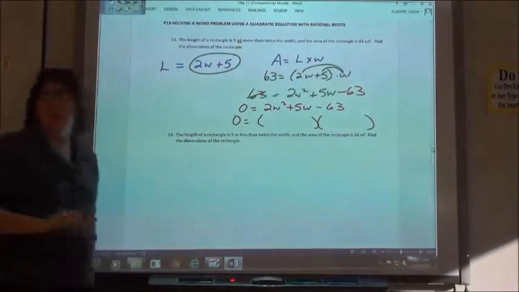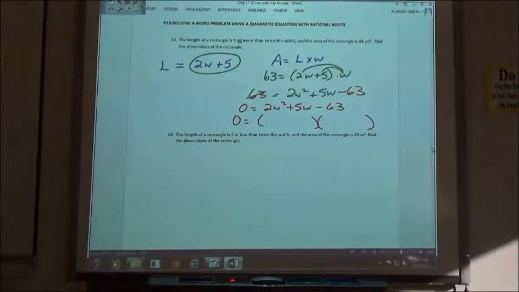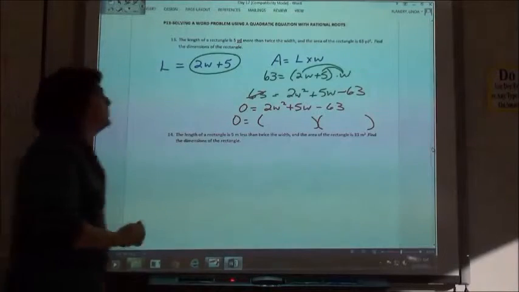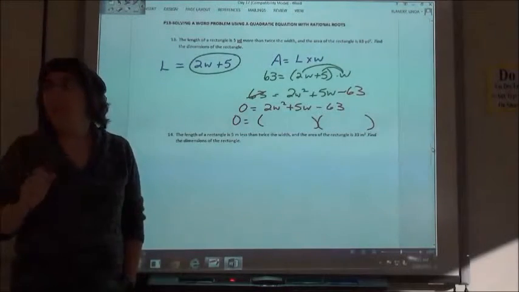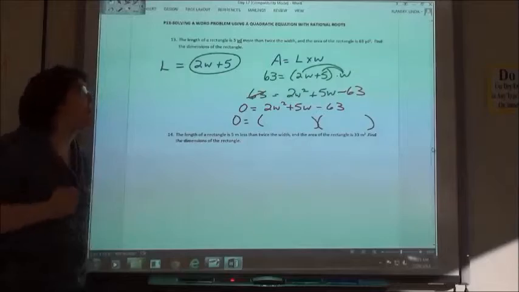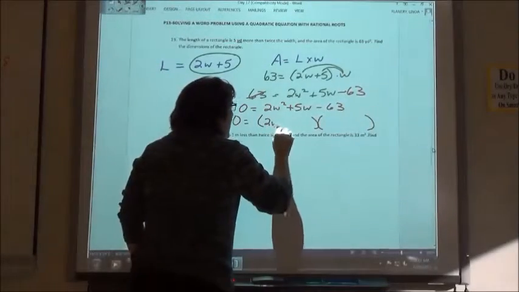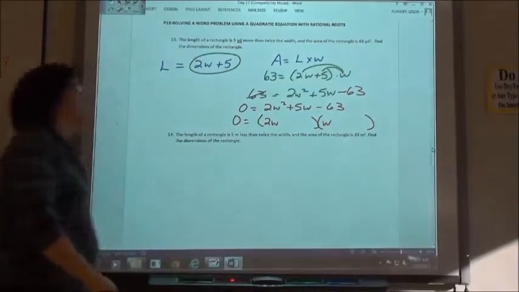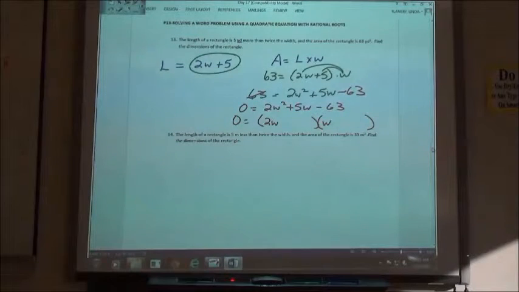So factors of 2w squared: w times w is w squared, but we need 2w squared, so 2w and w. Now my signs.